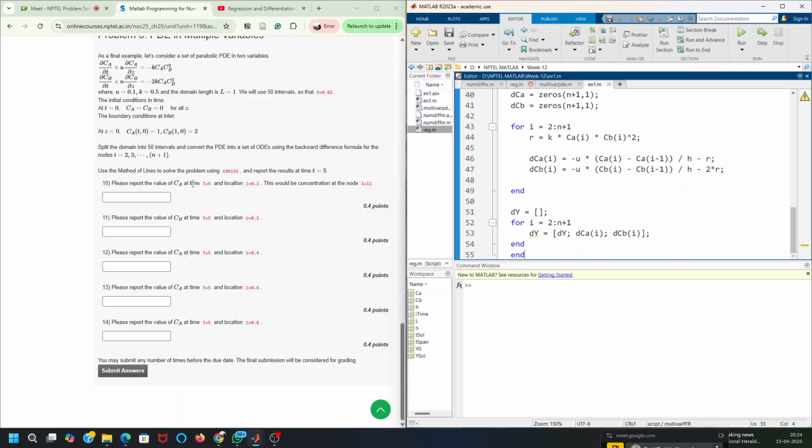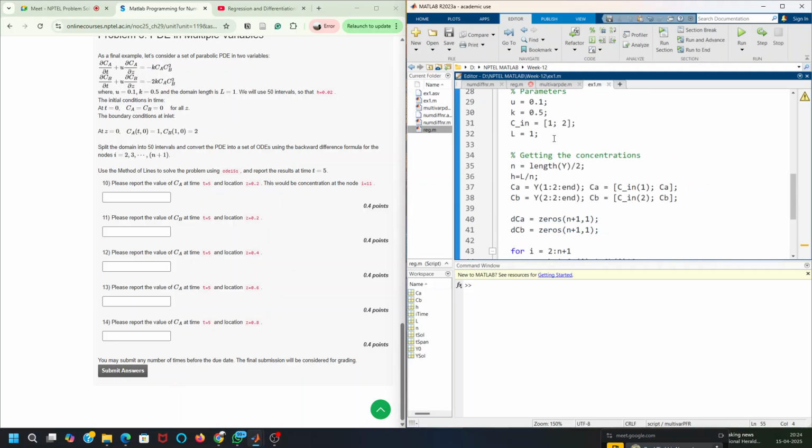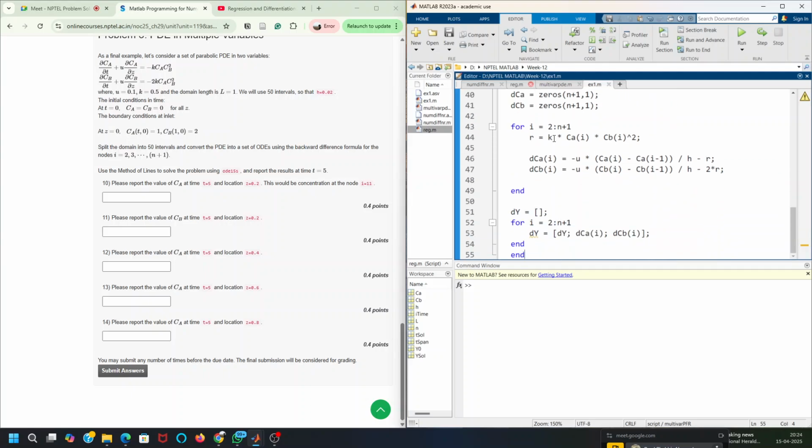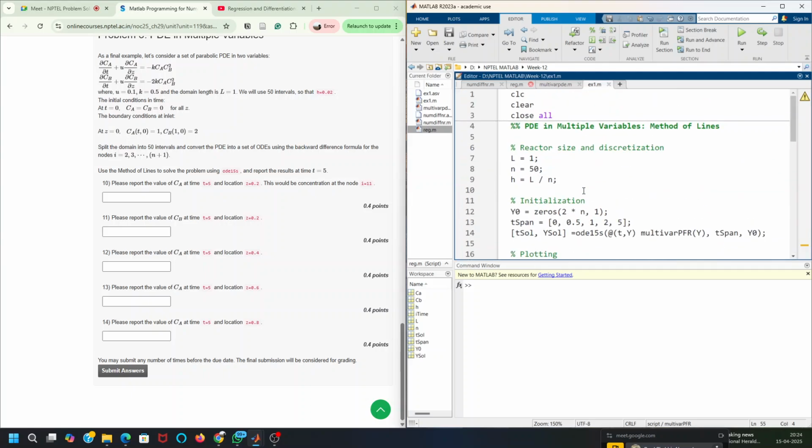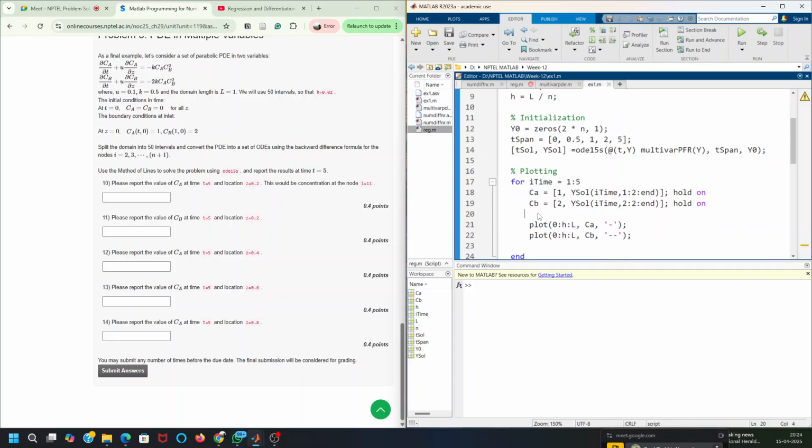In the solution vector, we have to find what the value is at z equals 0.2, at z equals 0.4. Like this we have to tell.